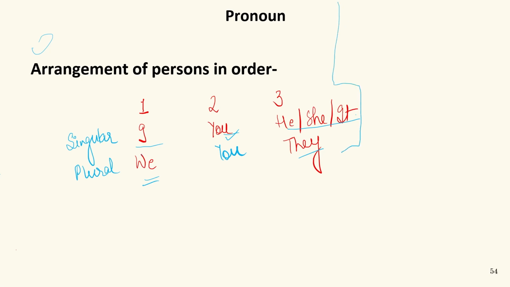Now, there is a particular order to write these three persons in a single sentence. If I want to write first person, second person, and third person in a single sentence, there is a rule to use them in a particular order. What's that? Let's discuss.